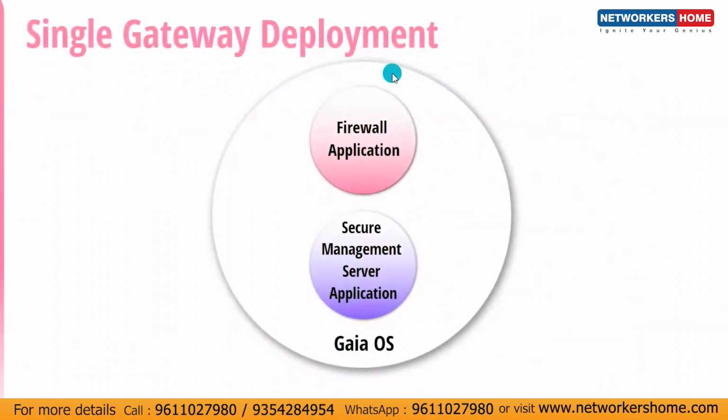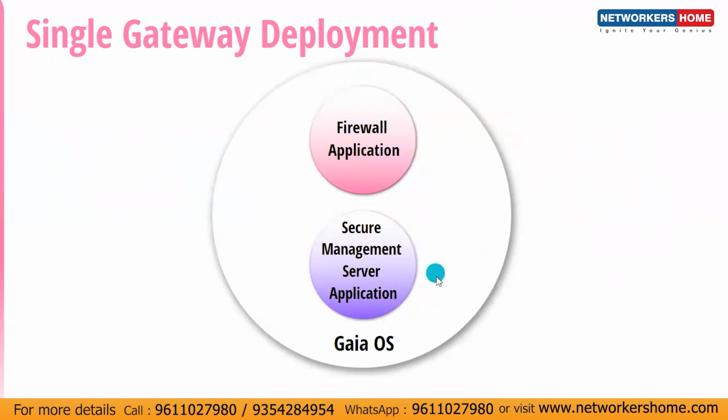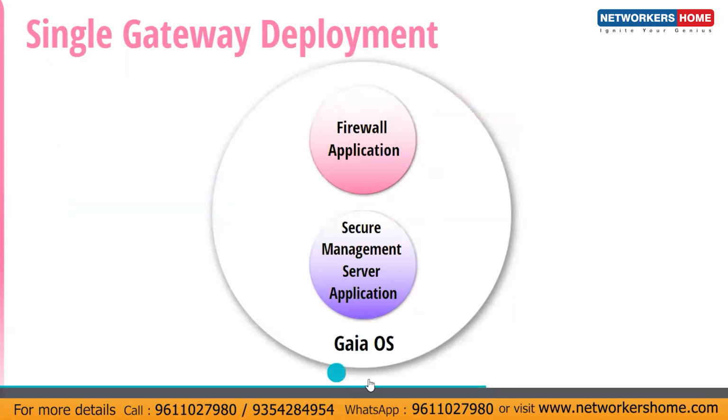Now, single gateway deployment looks like this: we have an operating system called Gaia, and under the Gaia operating system, we'll have two different applications that we can install. So your entire single gateway deployment will be done in two different phases. In the first phase, we are going to build our Gaia OS.